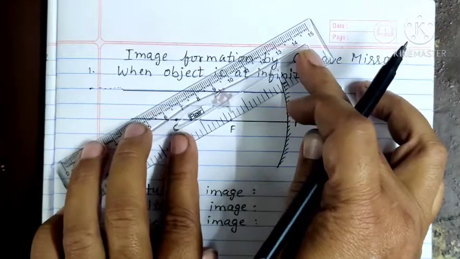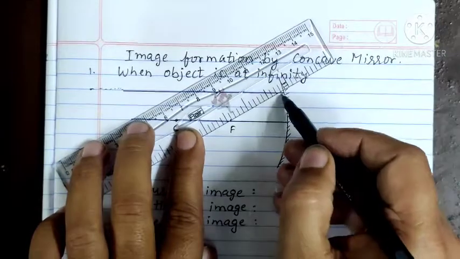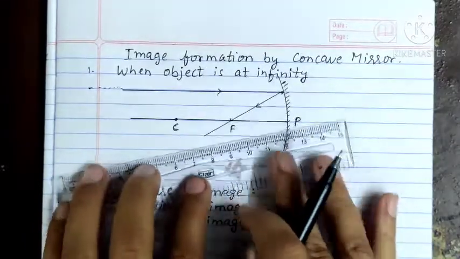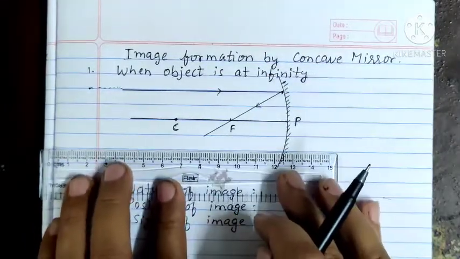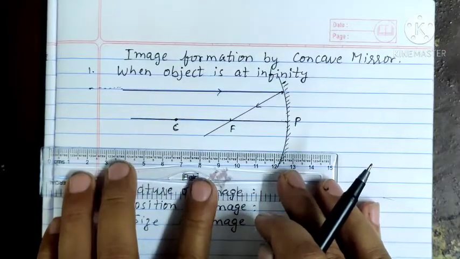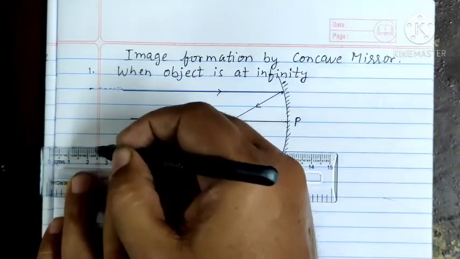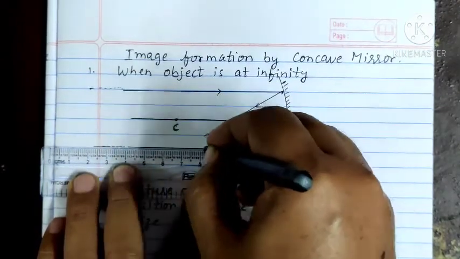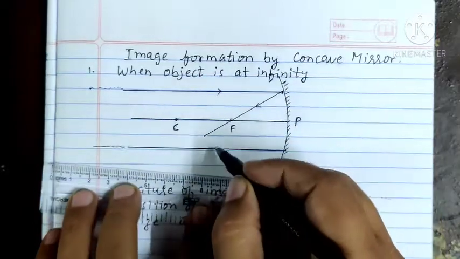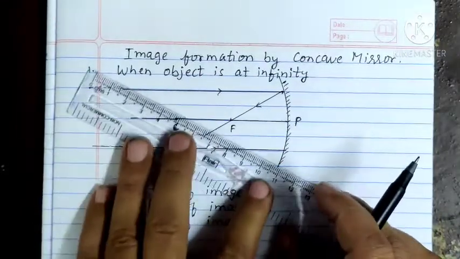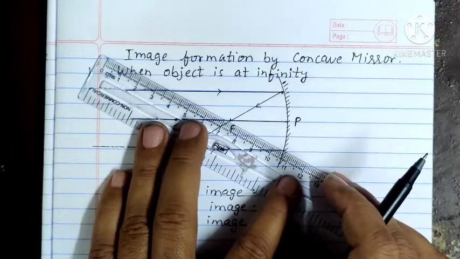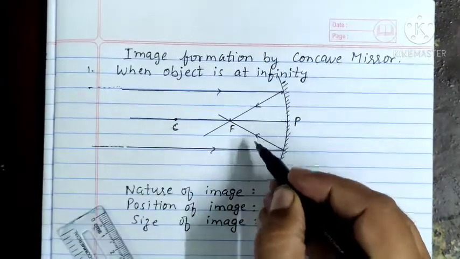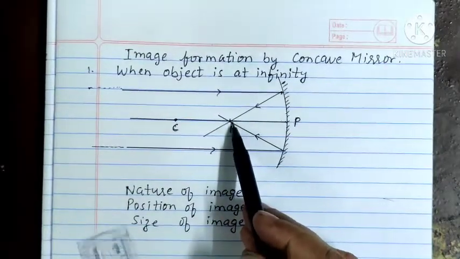So this will pass through the focus, and another ray, which is again parallel to the principal axis, because from infinity the rays are parallel, after reflection will also pass through the focus. So these two rays after reflection meet at the point F.